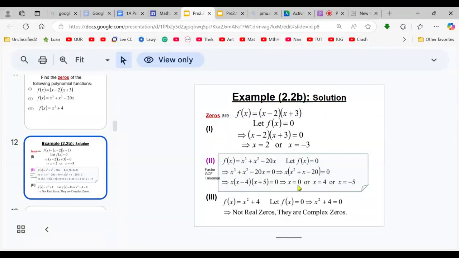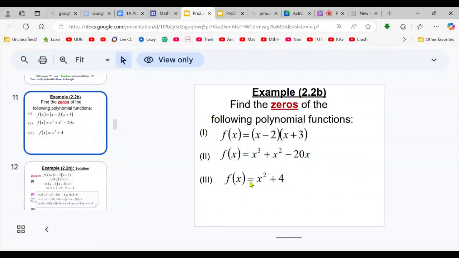So how many solutions for this? How many zeros? 3. Because you have x here outside. If you do not understand, raise your hand. That means all understand. Okay, let's go to the last one.